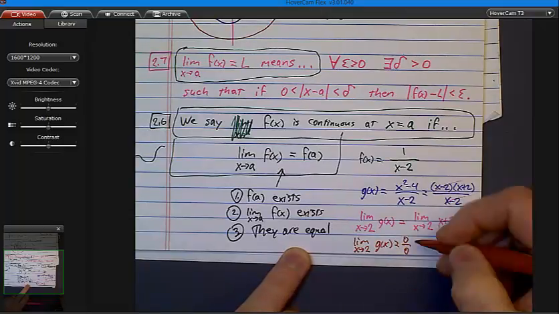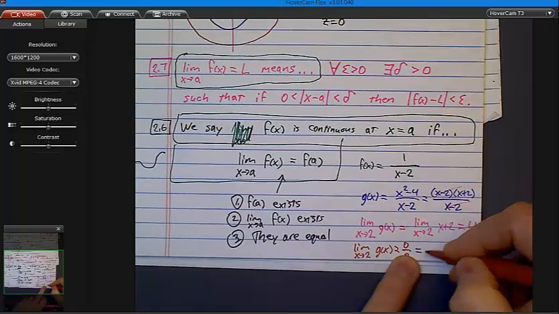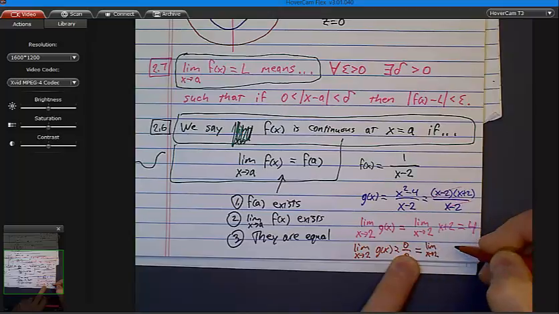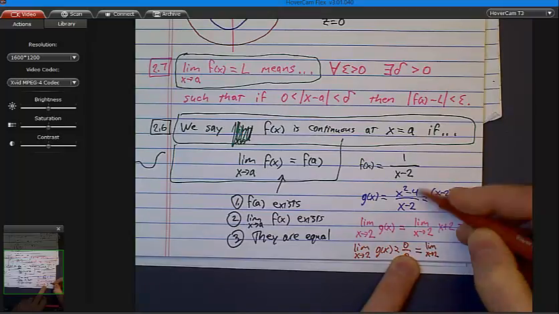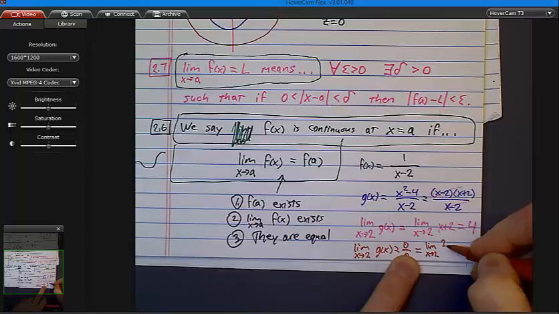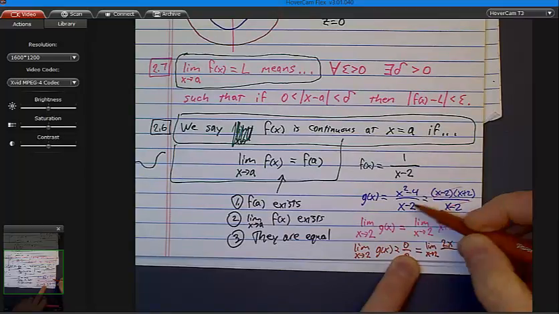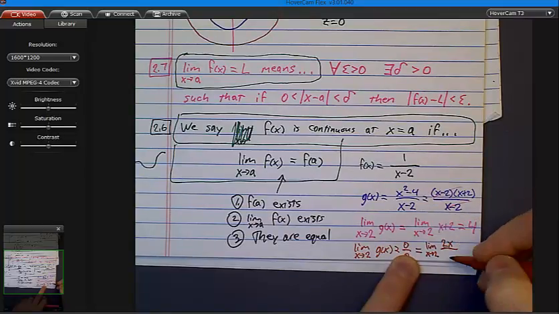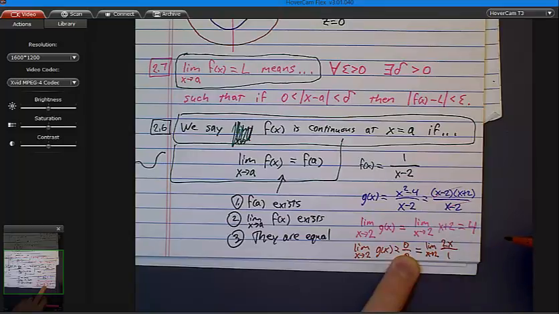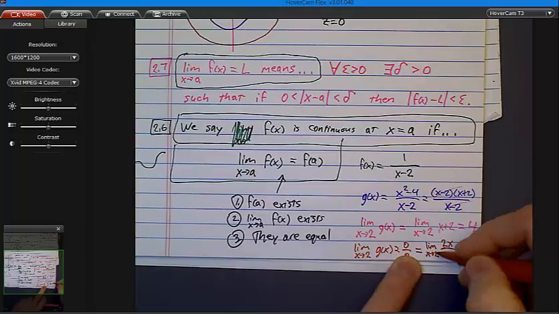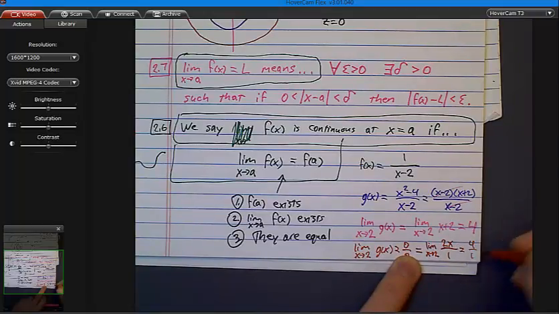Indeterminate form. And so then there was this thing where you can do the limit as x approaches 2 of, you take the derivative of the top, 2x, and you take the derivative of the bottom, 1. And if that gets you something you can compute, that was L'Hopital's rule, right? So once again, I get 4 over 1, which is also 4.